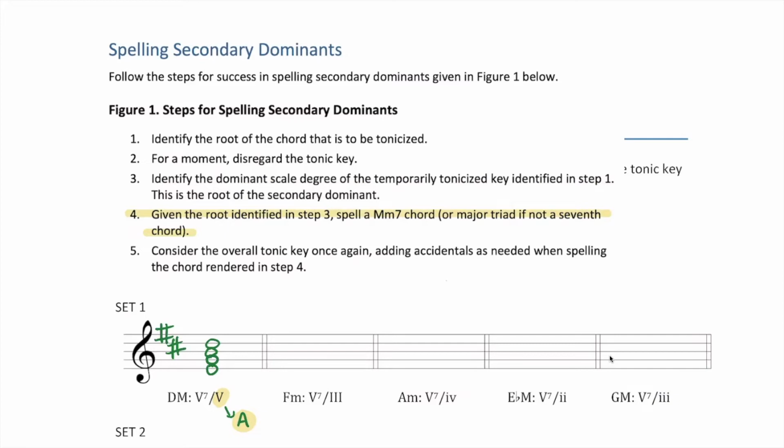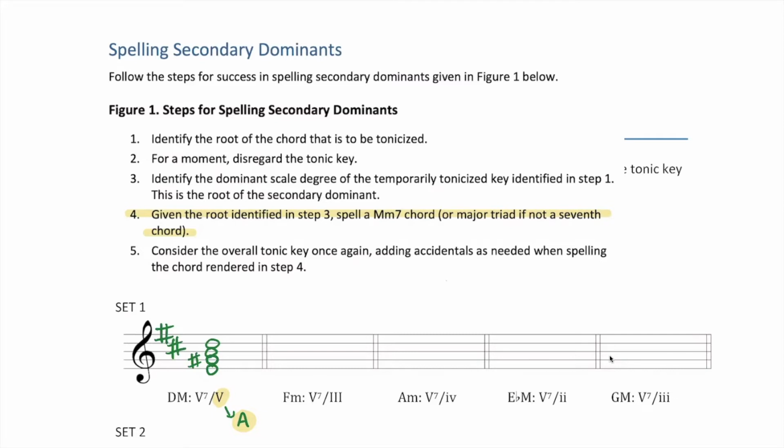We need a major third from the root to the third. However, E to G natural is a minor third. So what do we do to adjust this chord? We make G G sharp, and that gives us the major third we need between the root and the third.